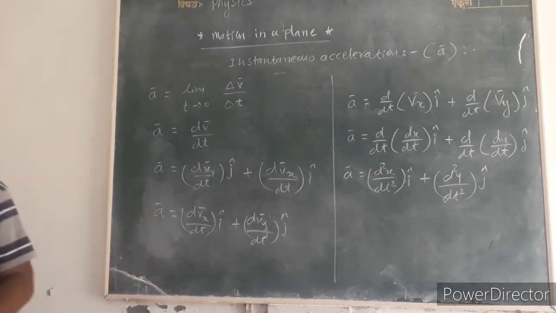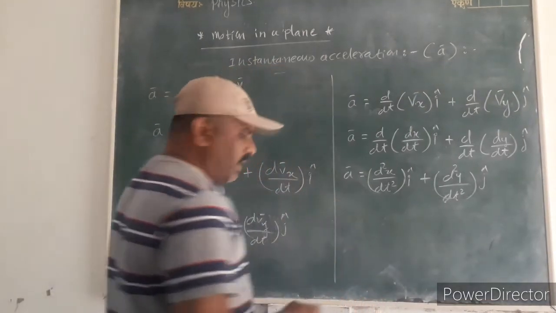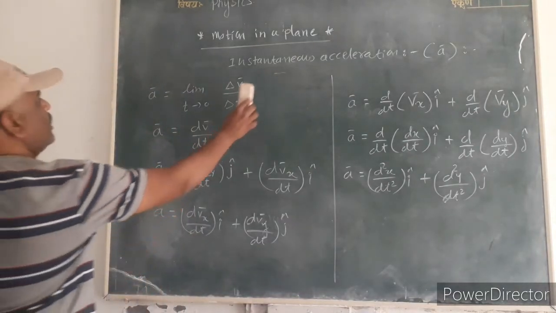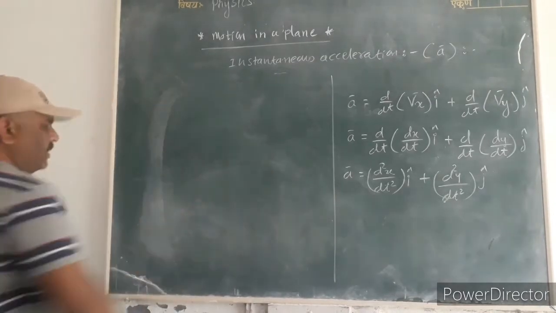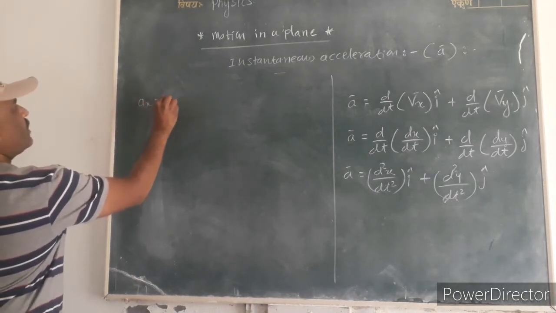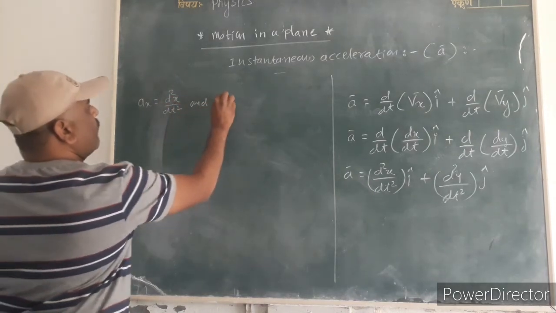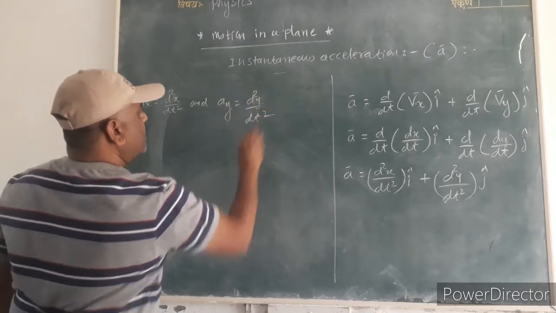Now we define the components, the values of ax and ay. ax means the component along the x-axis and ay means the component along the y-axis. The ax is nothing but d square x upon dt square and ay is d square y upon dt square.